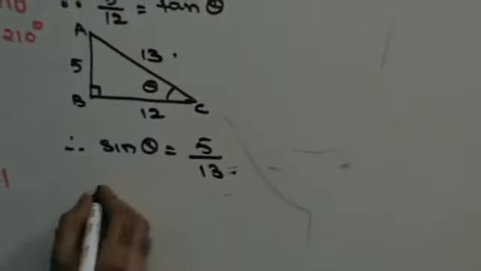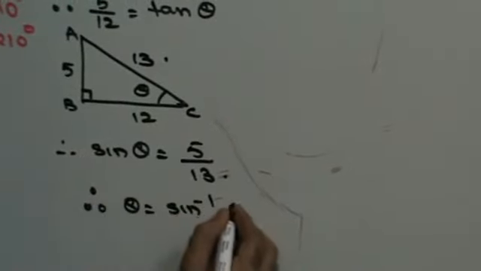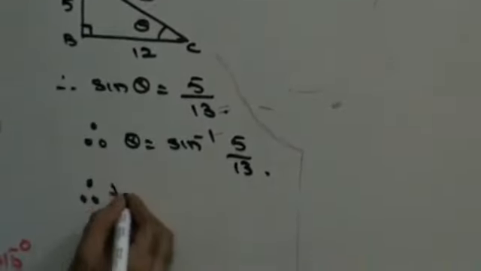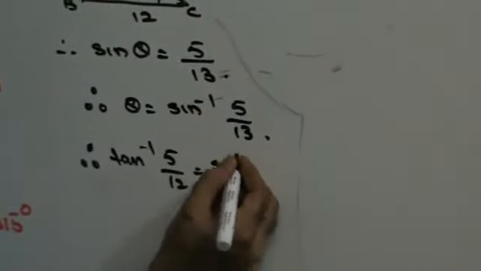So sin theta is going to be 5 by 13. Take the sin function on the other side, so theta will be equal to sine inverse of 5 by 13. But what is the value of theta? The value of theta is tan inverse of 5 by 12. So I can say that tan inverse of 5 by 12 is sine inverse of 5 by 13.